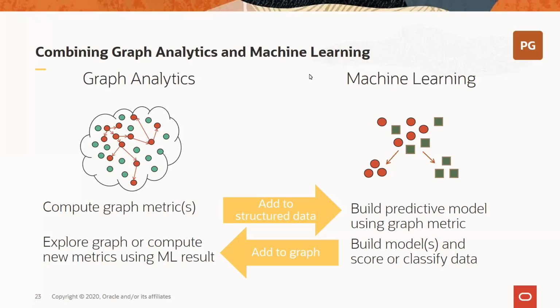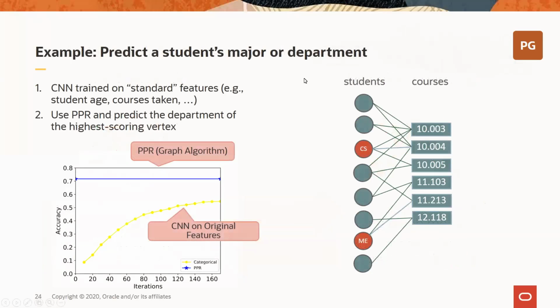Good stuff. I think in the interest of time, I'll skip over the example which I briefly wanted to explain at this point because we don't have time to go into it. But just one quick remark at this point. Graph analytics can be extremely powerful in that it takes into account the relationships, which plain machine learning, if you just look at the attributes, for example, of entities, doesn't know about.